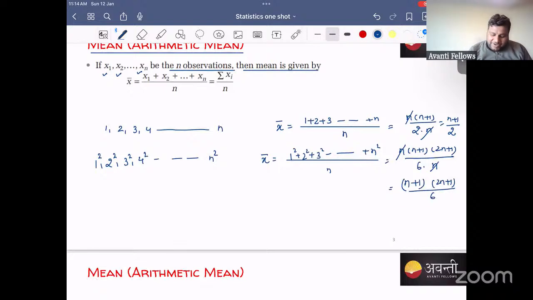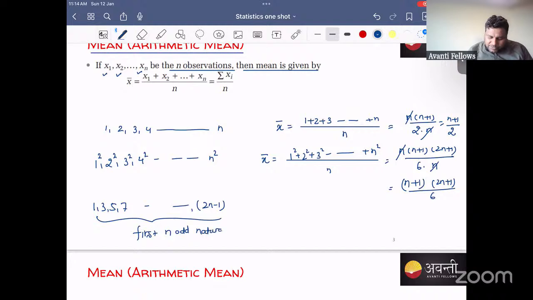Understood? If I have n odd numbers, 1, 3, 5, 7, up to 2n minus 1, these are what? The first n odd natural numbers.